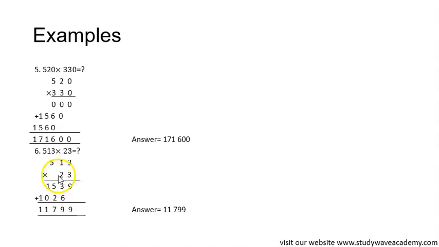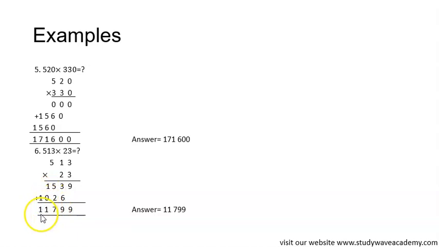When you are done using the lower digits to multiply the upper digits, what do you do next? You do what? You add it together. So we're going to be adding the numbers together. Okay? 9 plus nothing is 9. 3 plus 6 is 9. 5 plus 2 is 7. 1 plus 0 is 1, and 1, 1.